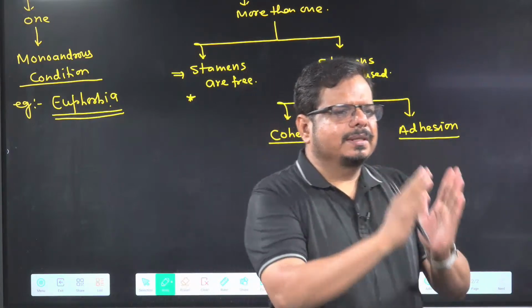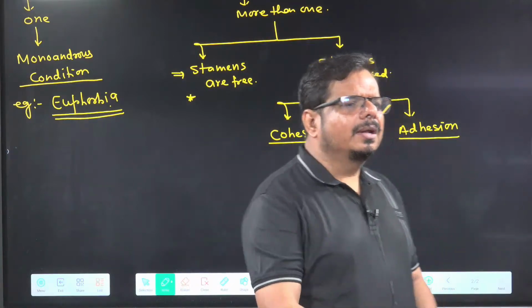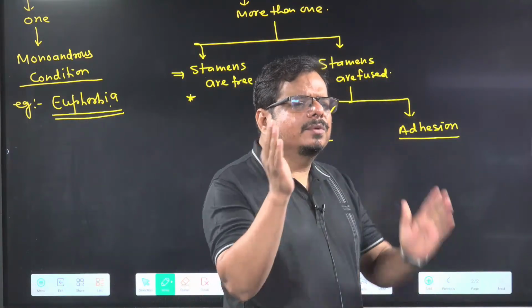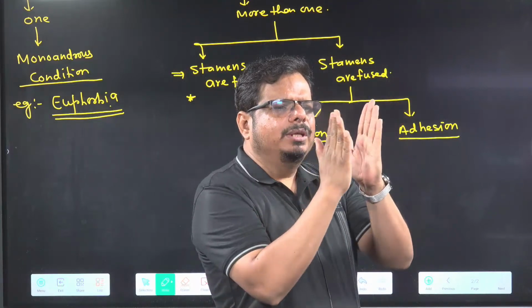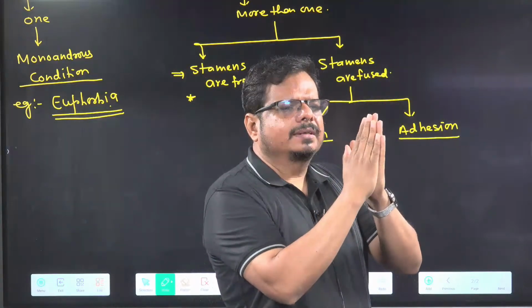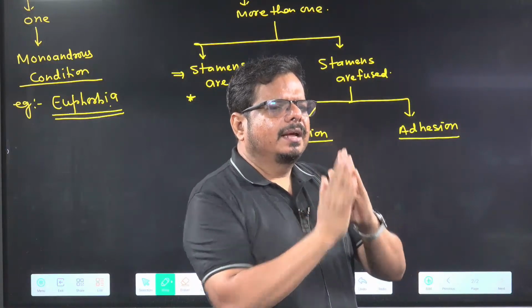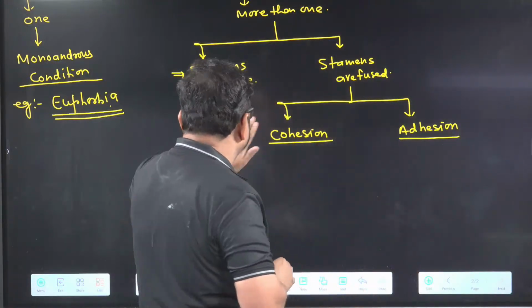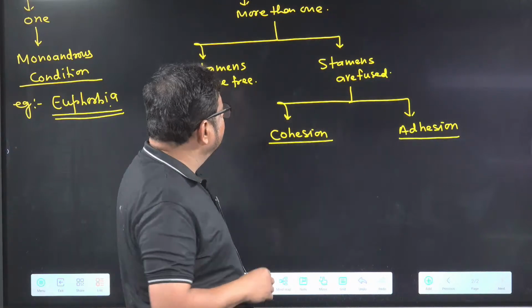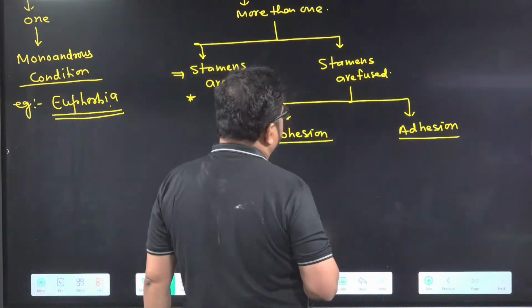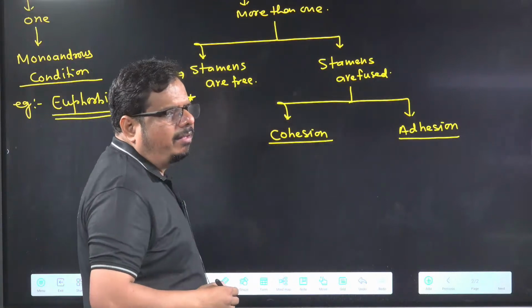Stamen fused with other whorls. Same type of things are fusing together, it is called cohesion. Suppose these 2 palms are fusing together, it is called cohesion. And when my hand is fusing with this board, it is called what? Adhesion. So 2 types of fusions are there, cohesion and adhesion.